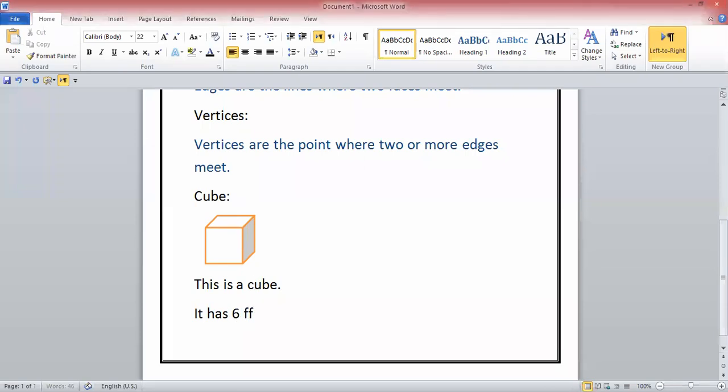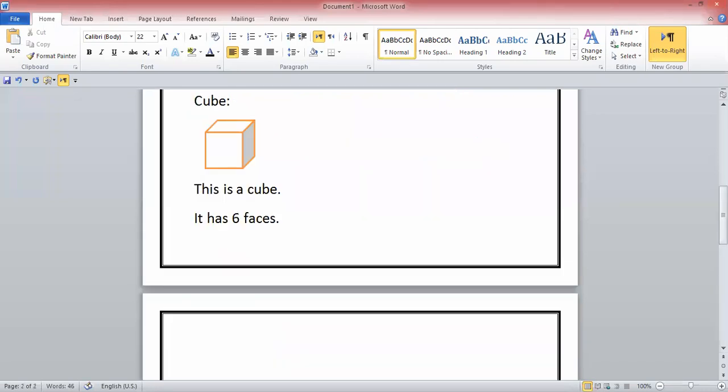It has six faces. Four of its faces are rectangles and two are squares. No, sorry. In a cube, all of the faces are equal squares.